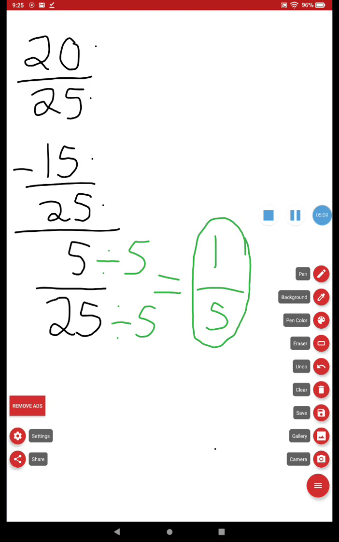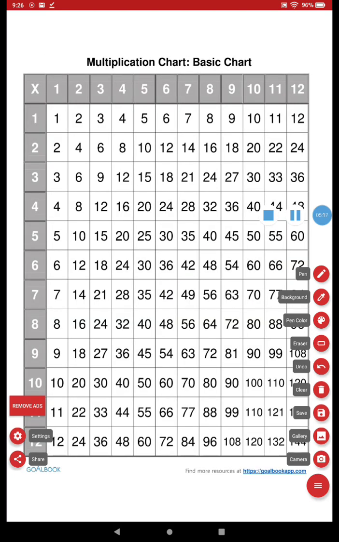If you need a review on how to do that with your tens chart, then let's do that with our tens chart. All right, here's my tens chart. Remember, I got an answer of 5/25. I can look at this, it's actually 12's chart, isn't it? I can look at my 12's chart, go to the numerator, 5, find that column, 5. Now go down and circle the numerators and denominators.